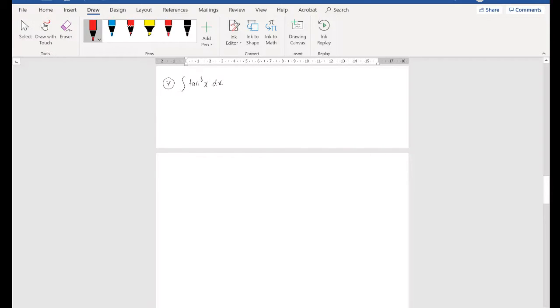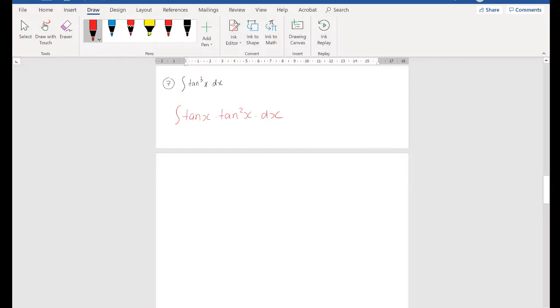Alright, let's have a look at this. I can separate this, and we did one in class like this, as the same thing as tan x times tan squared x.